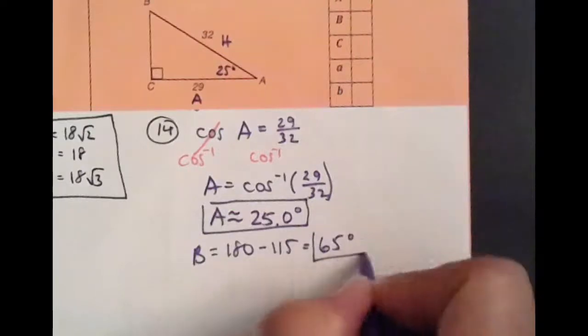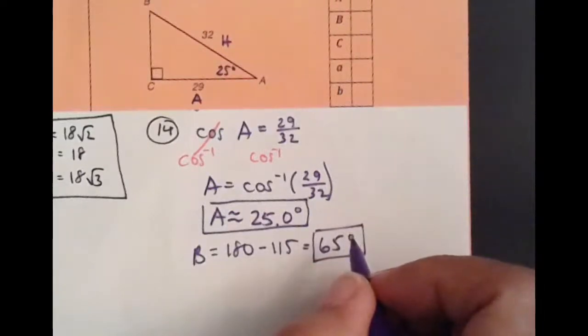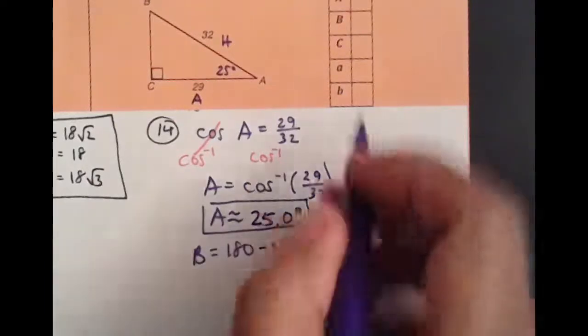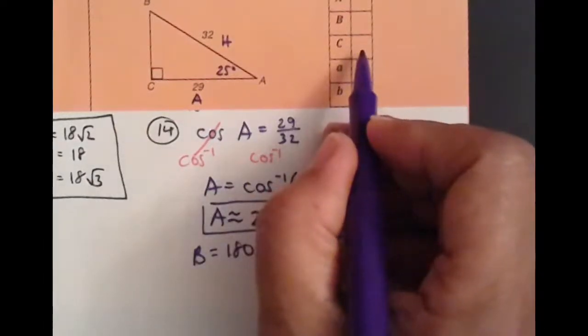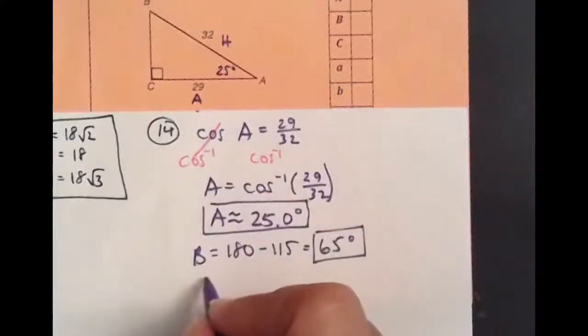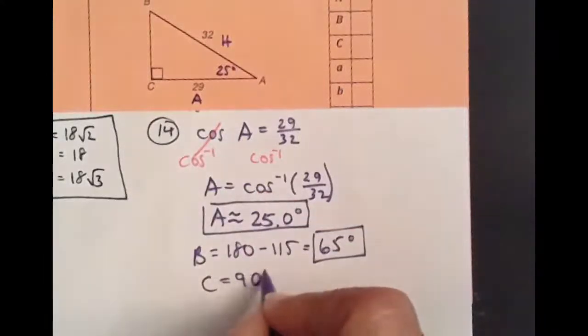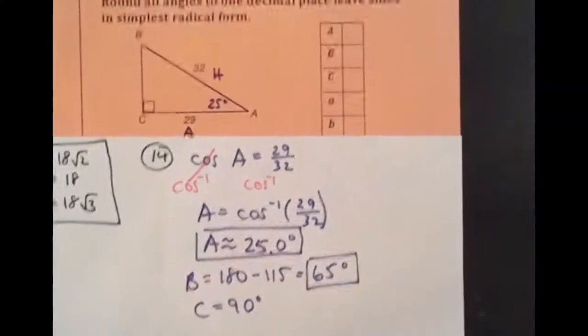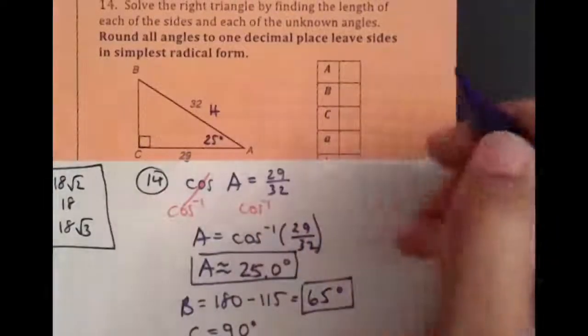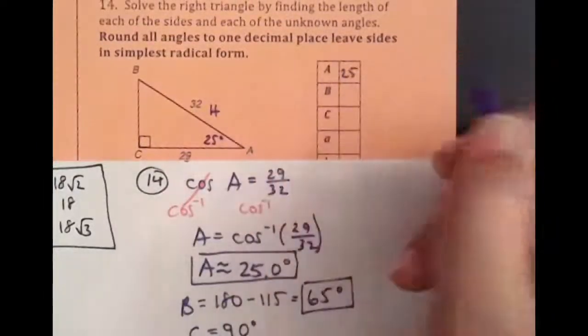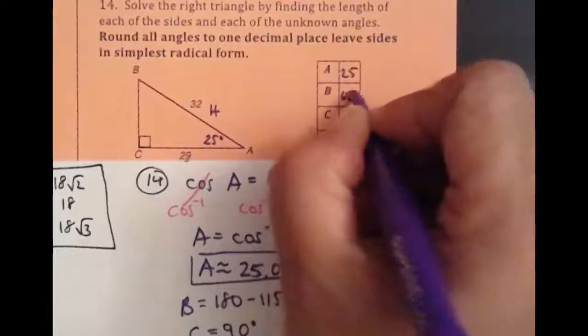So that's the measurement of angle B. Now let's move on to angle C, because you have to do all the angles. C is already given to us, it's 90 degrees. So we found all of the angle measures. I'll put that in: angle A is 25, angle B is 65, angle C is 90.